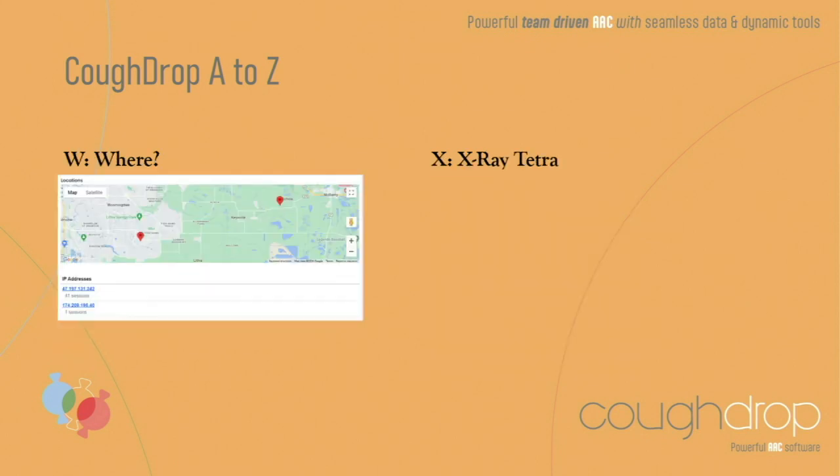How about where? So we're at W. This is an option, and we get a lot of questions about this. All of the features within CoughDrop that track data, including the geotags, are optional. And when you load your account, the default is to opt out. So if you have concerns about privacy, things like that, the default is to opt out. You can opt in, and each item is individual.